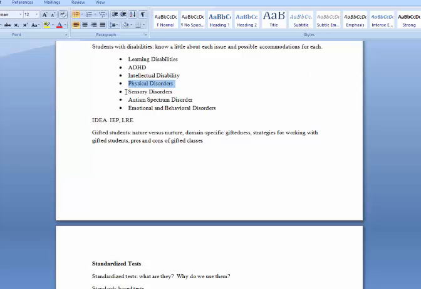We also might have students who have sensory disorders, so we talked specifically about students who have visual impairments or hearing impairments. There may be some students whose sensory problems are significant, but they still have enough use of their vision or their hearing to be able to, with some accommodations, use them in the classroom.